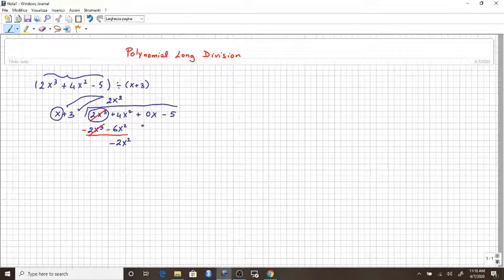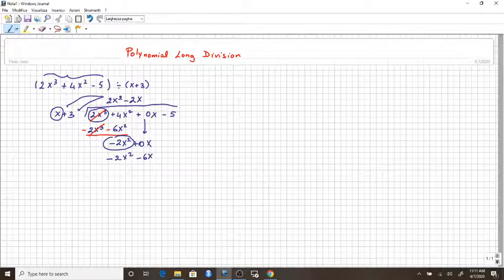We take down the next term, which is 0x. And then you will compare again negative 2x squared by x, which divided gives me negative 2x. Now we multiply this negative 2x by x and negative 2x by 3. So what we have is negative 2x times x is going to be negative 2x squared, and negative 2x times 3 is going to give you negative 6x.